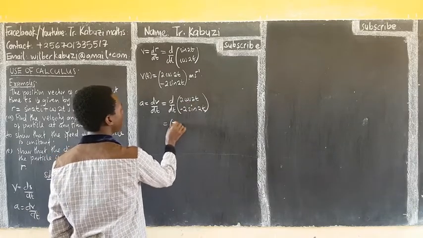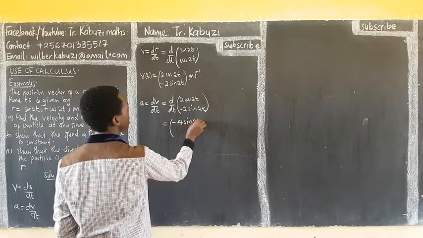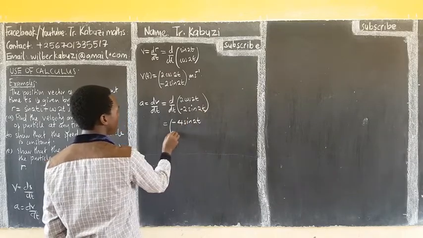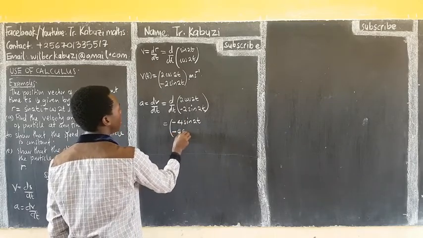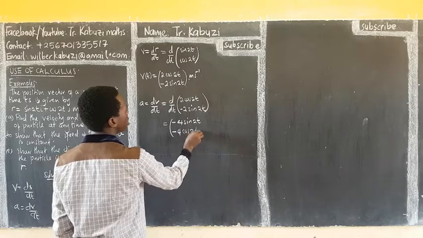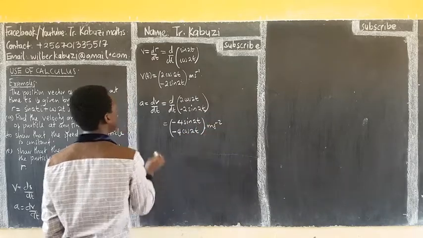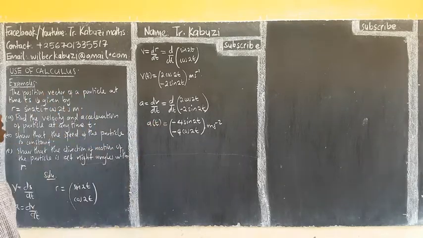So we get negative 4 sine 2t. When you differentiate this, we get 2, and this 2 multiplies here, we get negative 4 cos 2t, in meters per second squared. This is our acceleration at any given time t. So we have everything there.